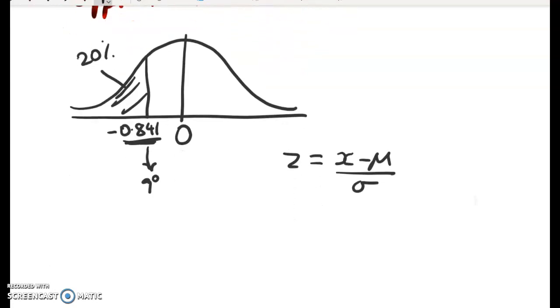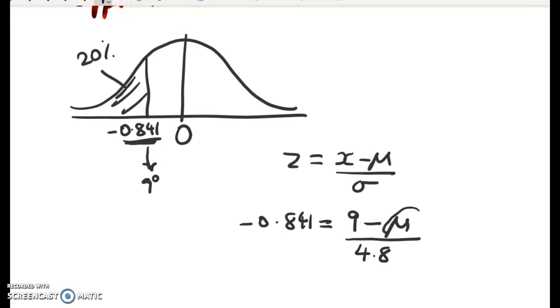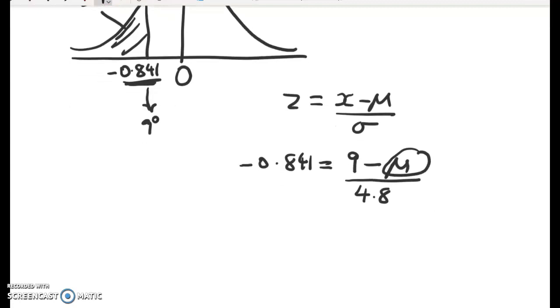We're going back from the z value to the x value. So we get negative 0.841 is equal to 9 minus mu divided by 4.8. So we don't know this mu number now, but we know it's gone up. So hopefully our answer is going to give us a number higher than the 11.6 before.